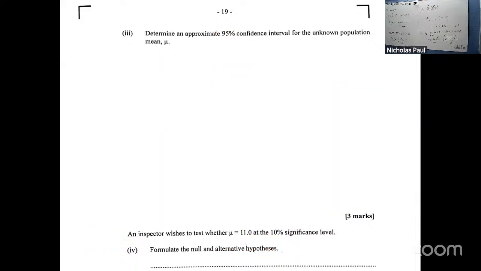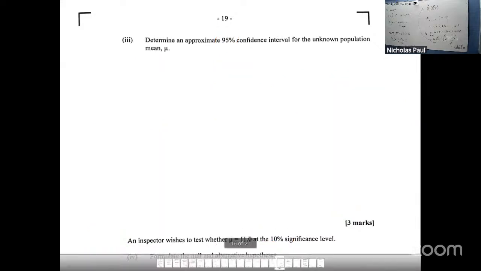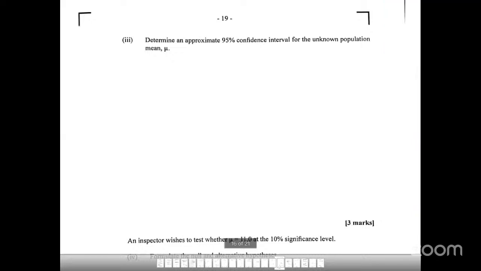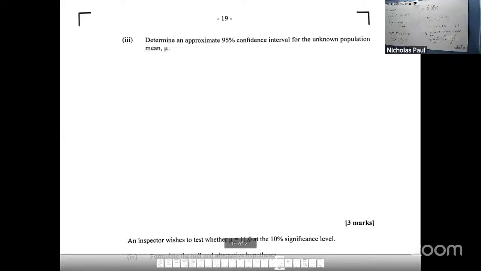So today, our objective is to understand a new distribution called the t distribution. What just happened there? Hold on, my screen. Sorry, what just happened there?